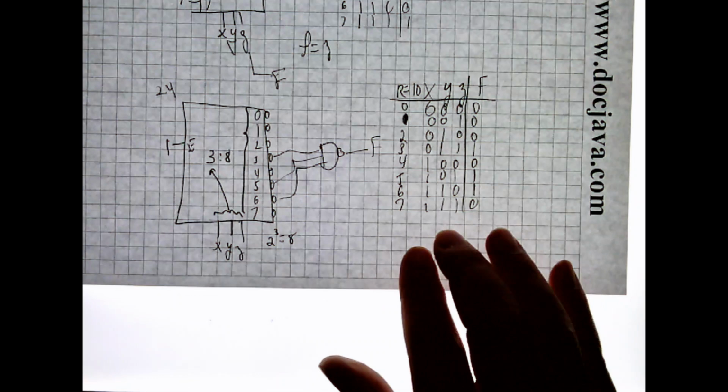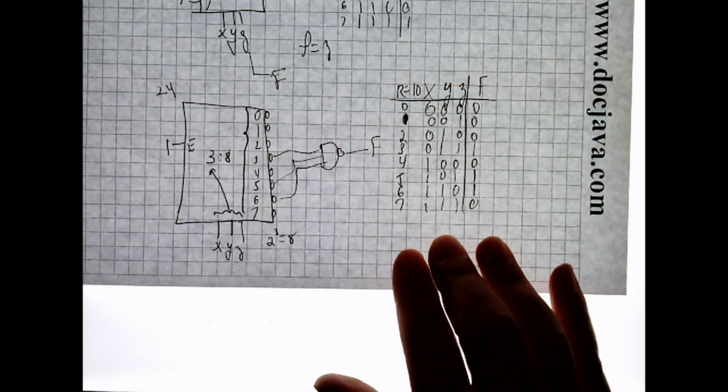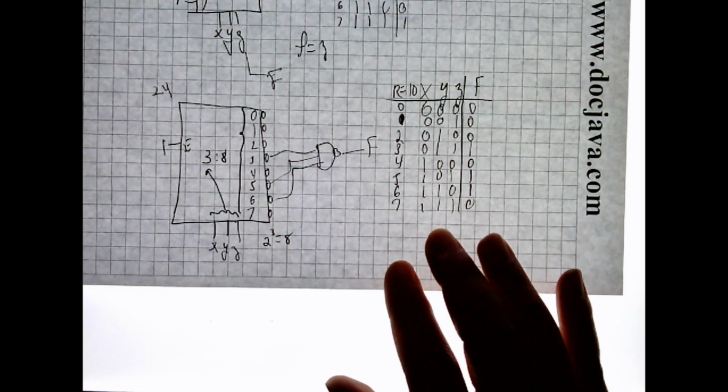How about Brendan? Brendan, are you there? Oh, Ashley, it's all right. It's all right. Did you understand about how the truth table was obtained? Okay. And can you tell me what do you think maybe the answer might be for question number 24?